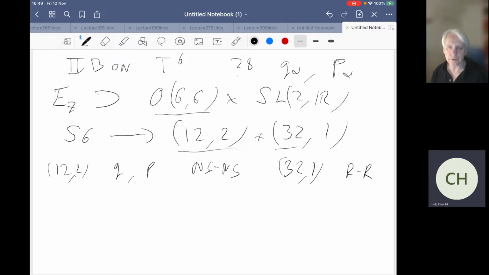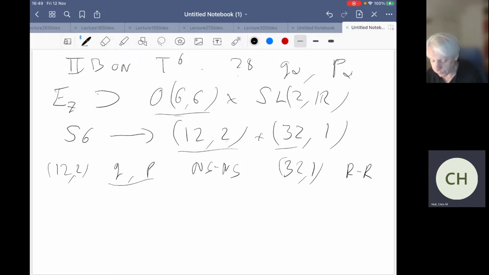This is a spinor representation for O(6,6), the non-compact subgroup. And the Q and the P arising in the (12,2) are in a set of doublets of SL2, and so it acts a bit like we saw for the N=4 case.